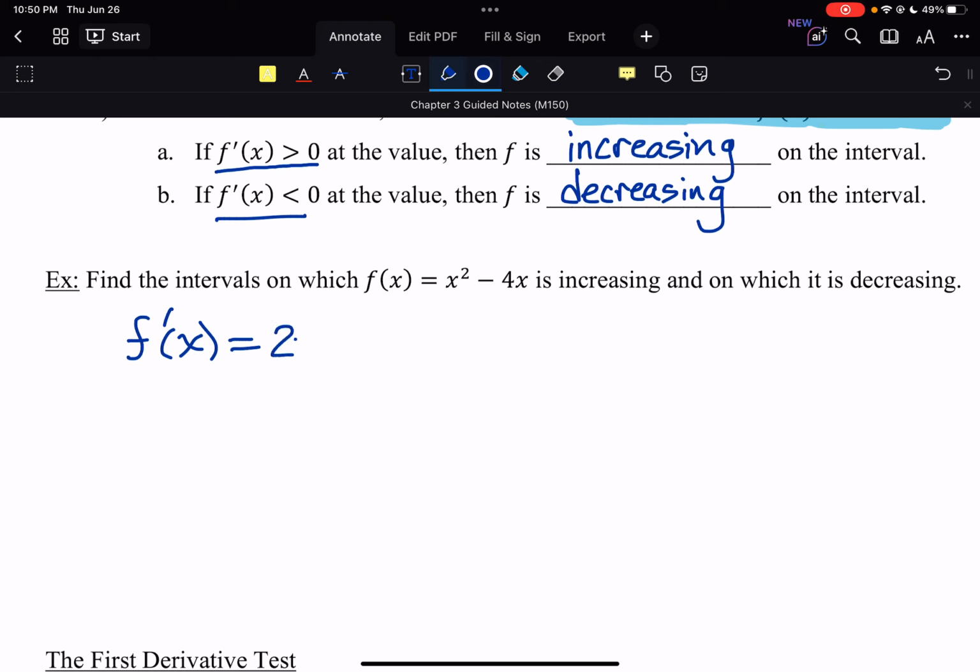So we take the derivative, that's 2x minus 4. And we want to determine any values that make this 0. So what we're going to do is we're going to set this equal to 0. And now solve for x. So that'll give us 2x equals 4. So x equals 2.